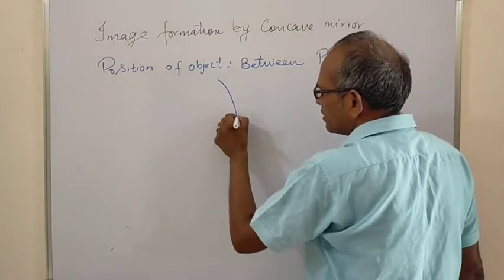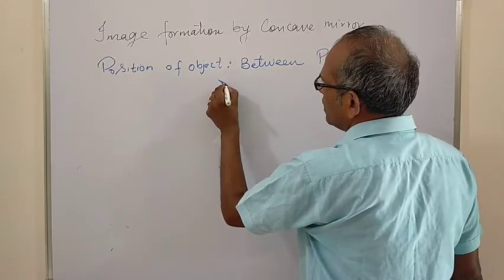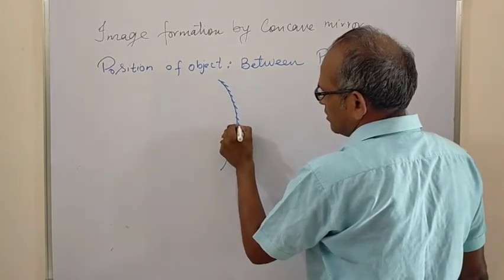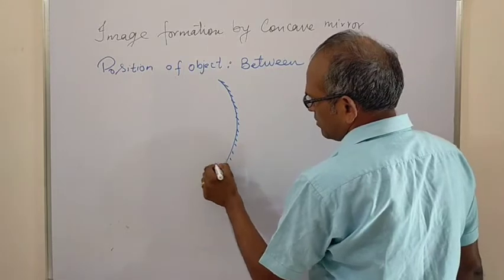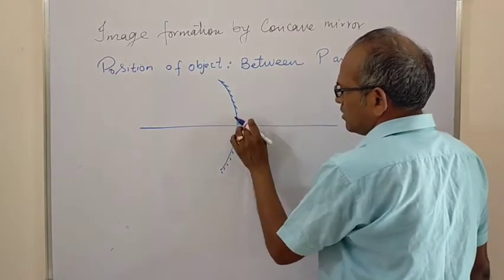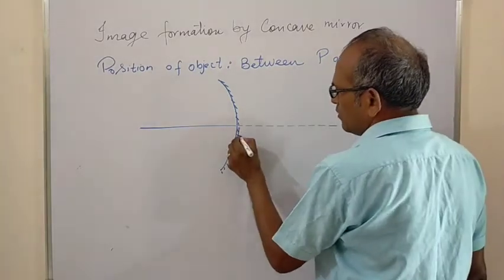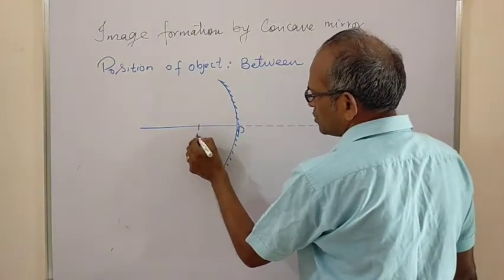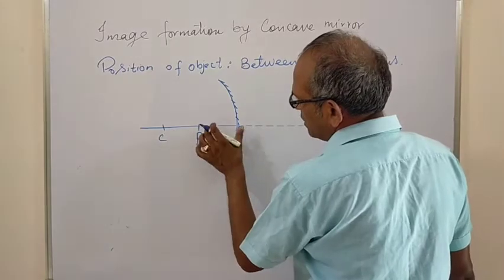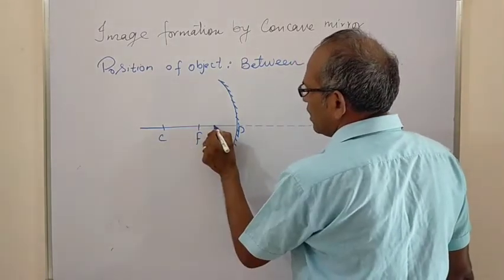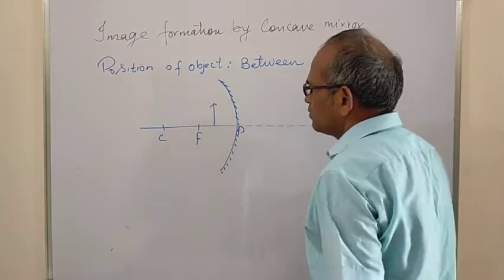So again I'll take one concave mirror here. Principal axis. Okay, pole and the focus over here. This is the center of curvature, right? The object is, I have taken this point.